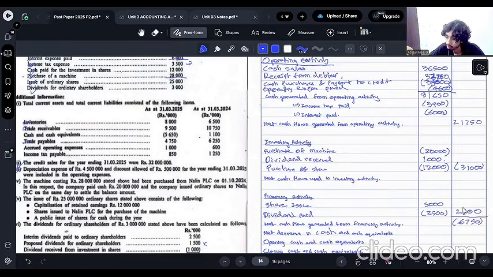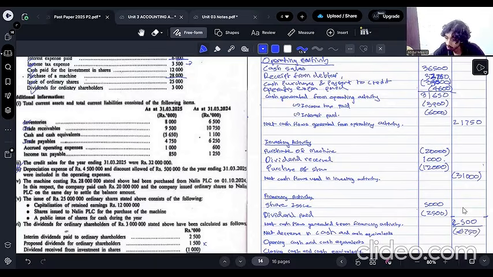Sorry, I wrote it in the wrong column. Here it should be 31,000 minus 31,000, 2,500. Then the net decrease in cash and cash equivalent 21,750 minus 31,000 plus 2,500, that is minus 6,750.